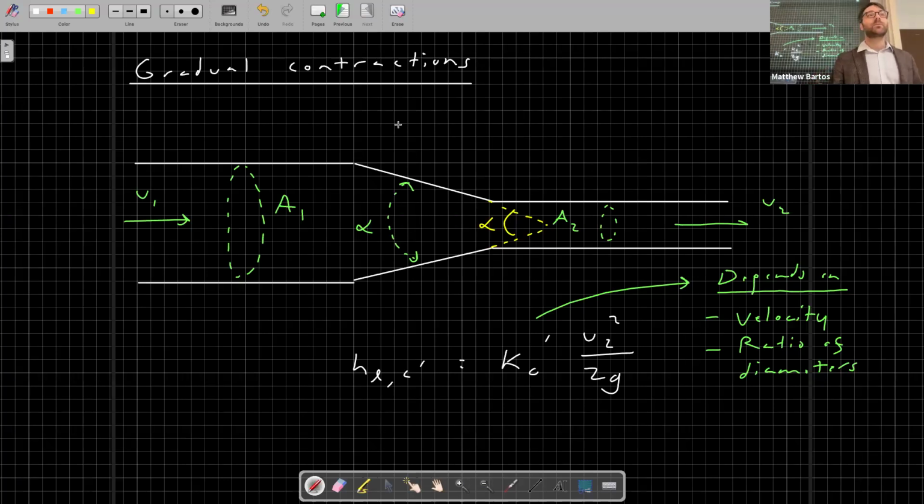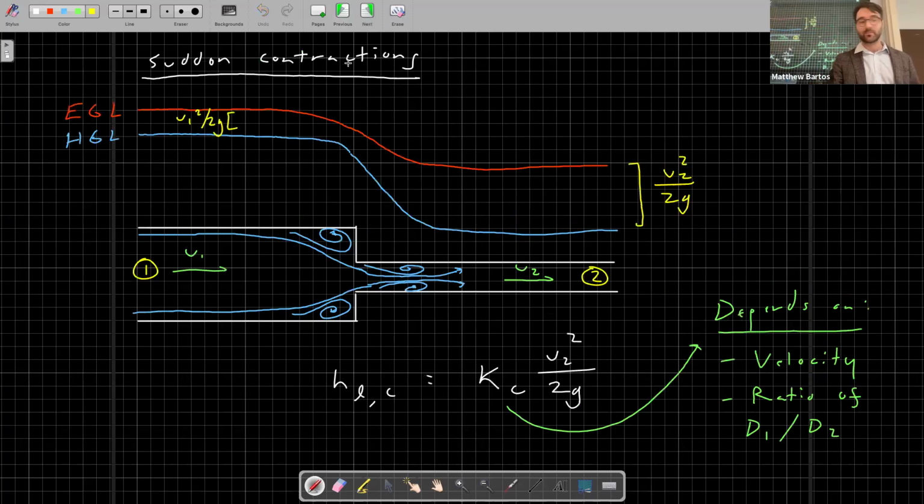The final type of contraction loss I want to talk about is basically the extreme case of a sudden contraction. So let's imagine that you take this area here for the larger pipe and you just make it extremely large. Then you have what's called an entrance loss, which is essentially the losses associated with moving from a reservoir to a pipe.